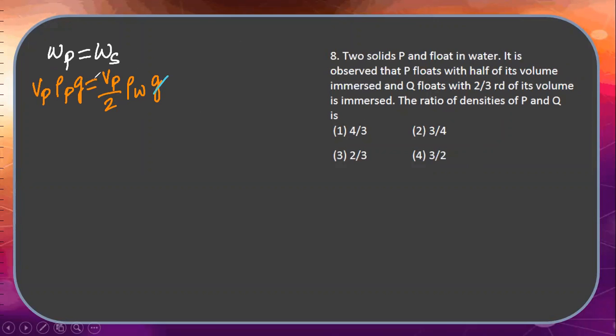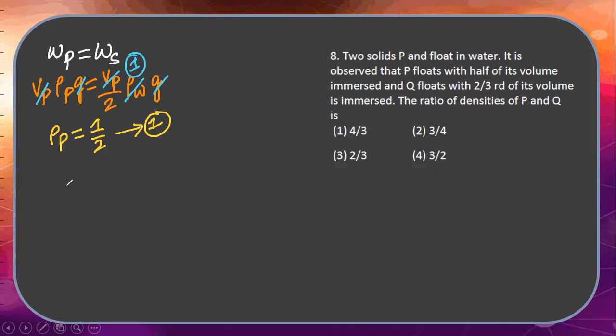Both sides g gets cancelled, Vp also gets cancelled. Density of water is taken as 1. Therefore, density of P is equal to 1/2.